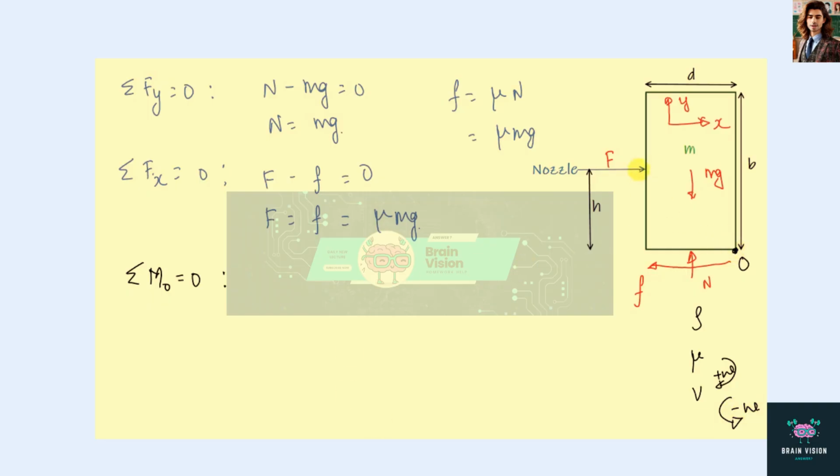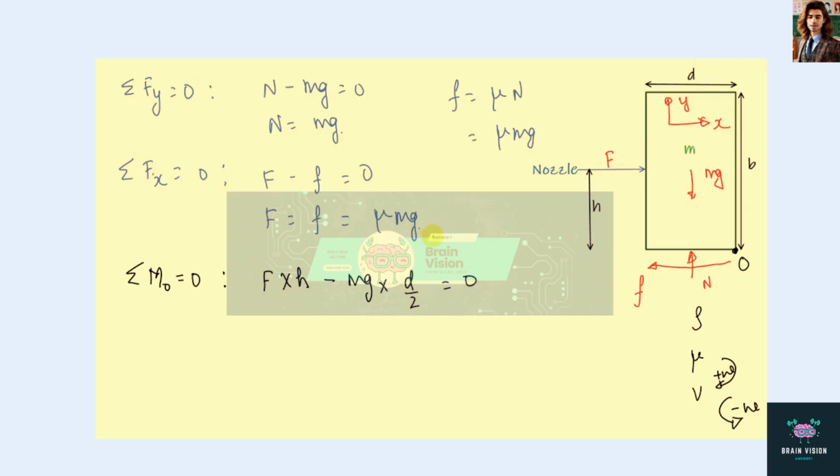So about this point, this force is making a clockwise moment, so it should be positive here. So F times h. Now the mg force is making an anti-clockwise moment, so it should be negative. So minus mg times the perpendicular distance. So this distance would be d over 2. So d by 2, and it equals 0.